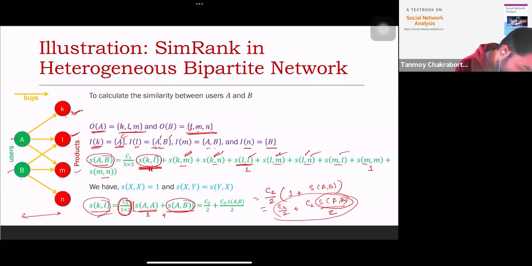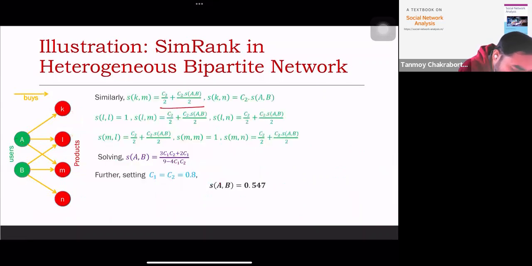Similarly, S of KM is the next unknown. S of KM is basically the similarity of K's neighbor A and M's neighbors A and B. So S of KM is the similarity of AA plus the similarity of AB. The similarity of AA is 1 and the similarity of AB is unknown, so we get the same kind of formulation here. Similarly for S of KN, we get something in terms of S of AB.